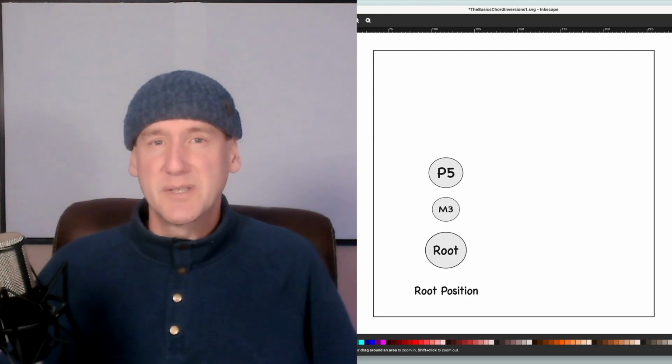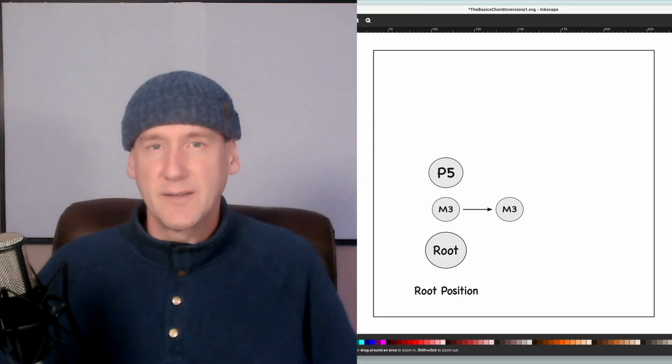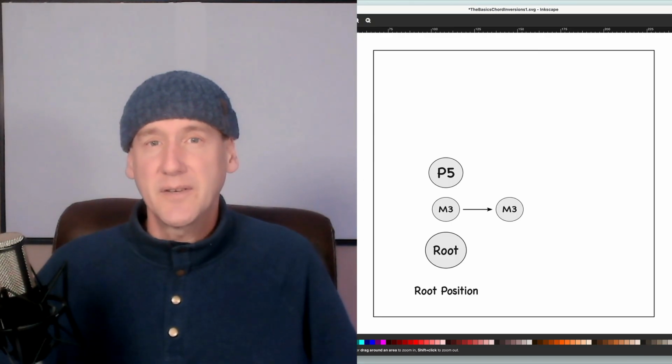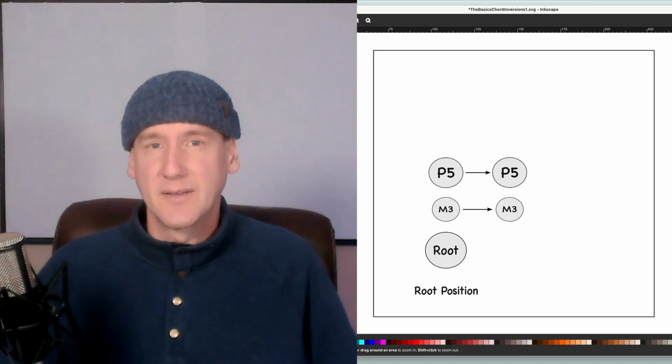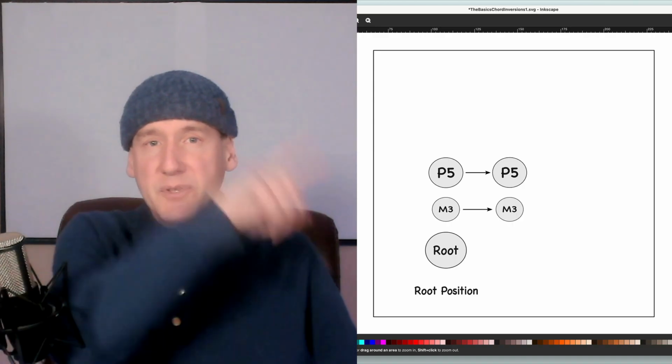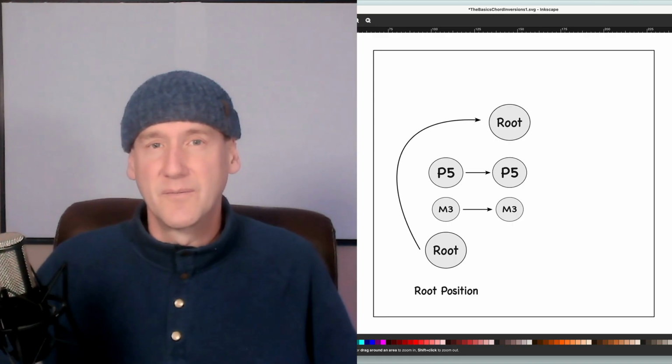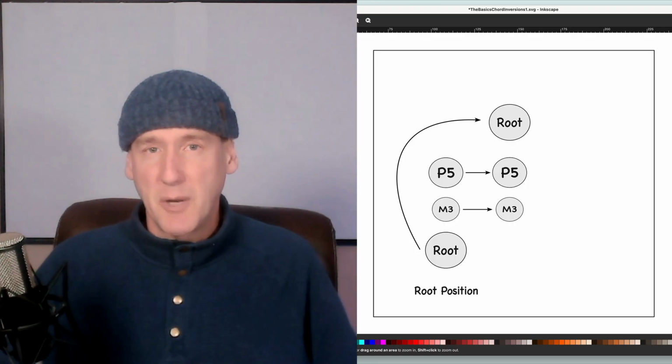To make the root position triad into a first inversion, the third is going to stay where it is, the fifth is going to stay where it is, and we're going to take the root up top. Now, the bass note on the bottom is other than the root note, and this is called an inversion.